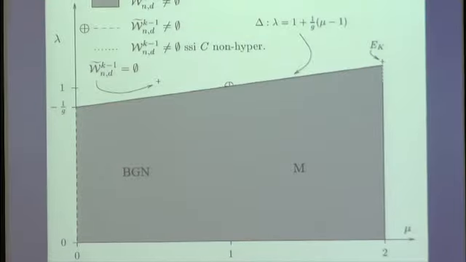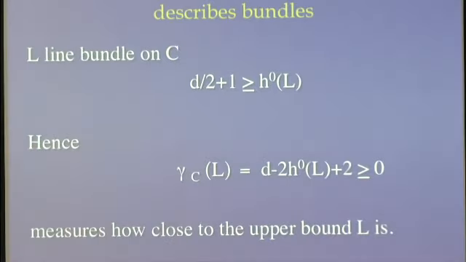Okay, so what I said is that our interest is really in the area that's very close to the Brunner curve. Now, we have the Clifford bound, right? So that's a standard thing.